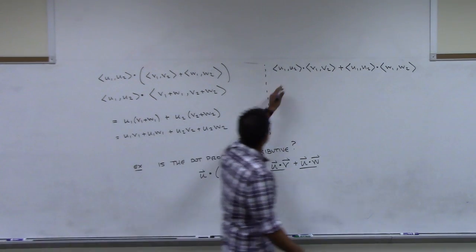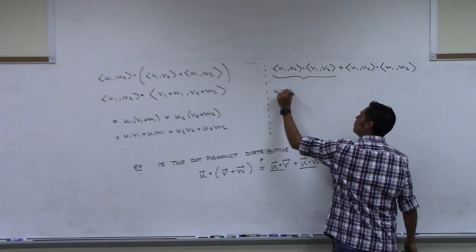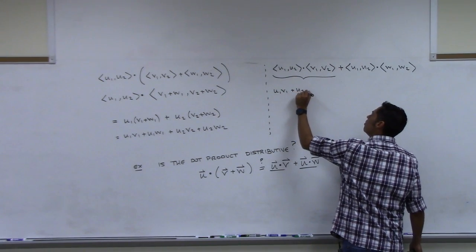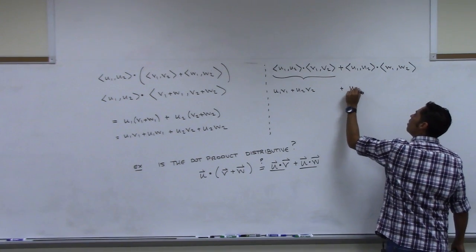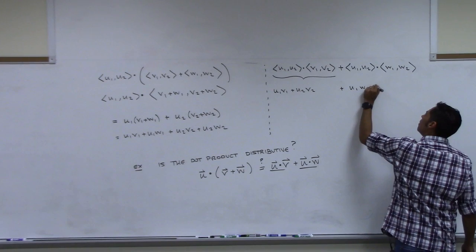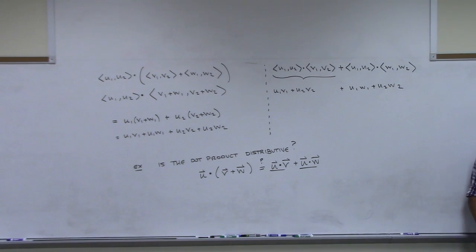So what do we get here? This dot product right here is U1 V1 plus U2 V2. Then we have plus U1 W1 plus U2 W2. Are those the same?